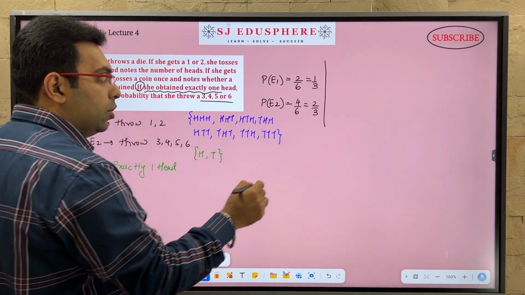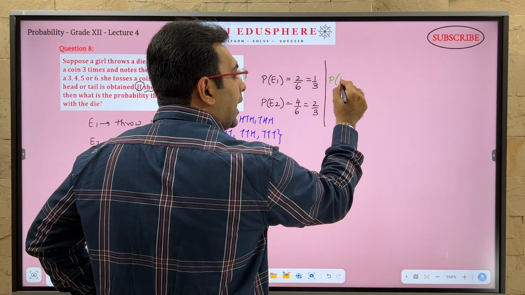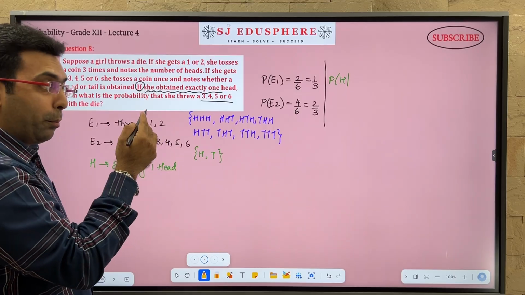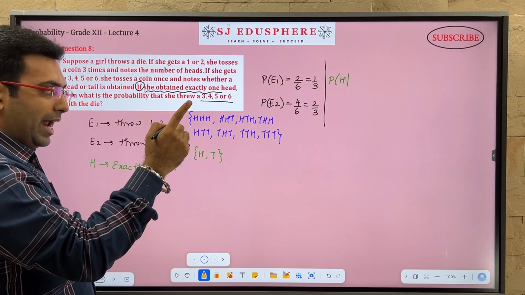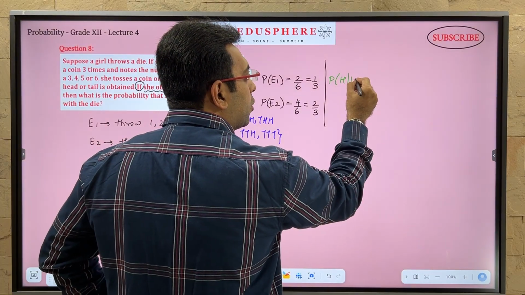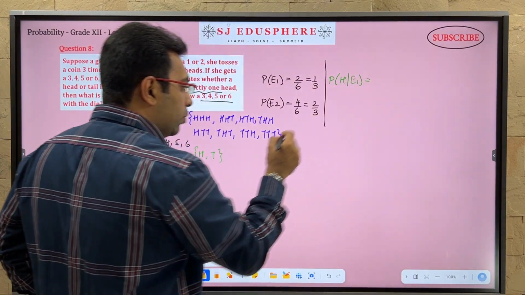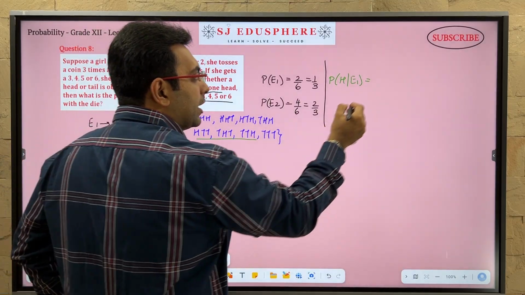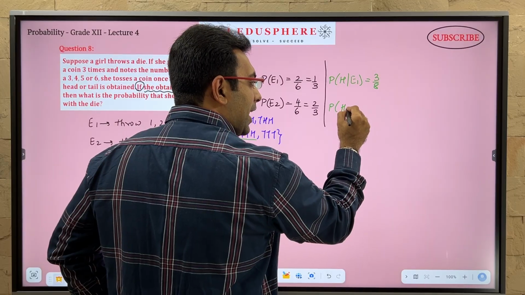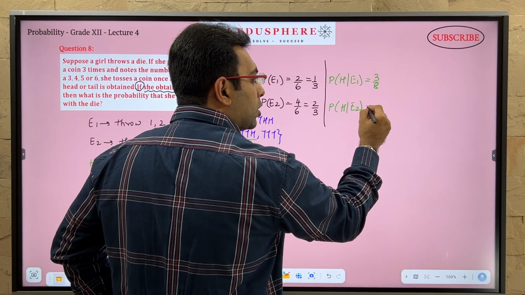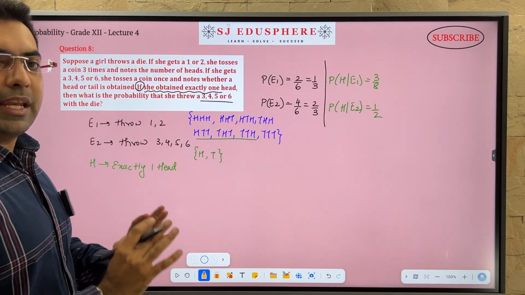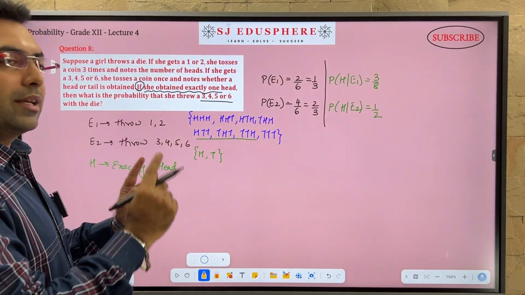So probability of exactly 1 head when she got the number 1 or 2, meaning when she tossed 3 coins, is 3 out of 8, and exactly 1 head when she tossed the coin only once is half. This is your main important part to decode the sum.